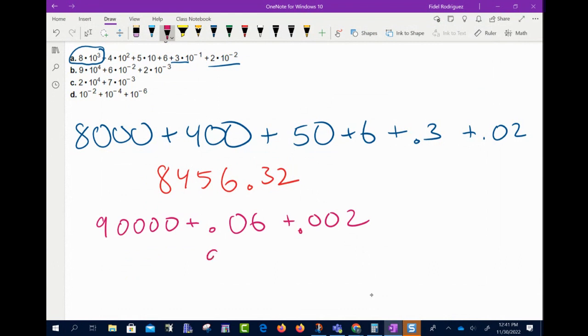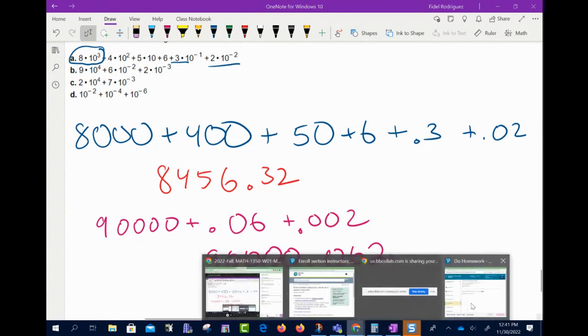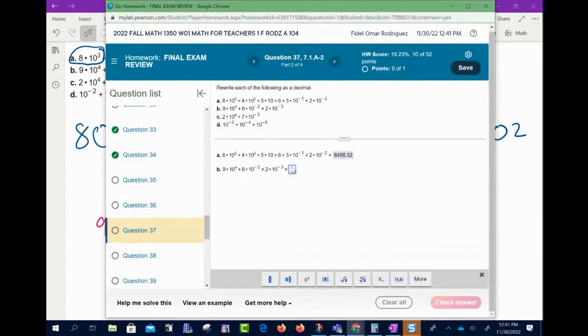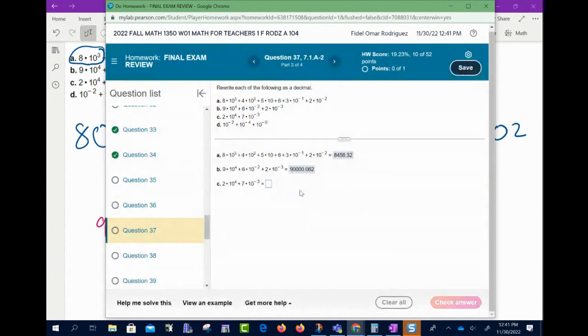So what number do I have? I have 90,000.062. So 9, 1, 2, 3, 4.062. Check it. We got it.